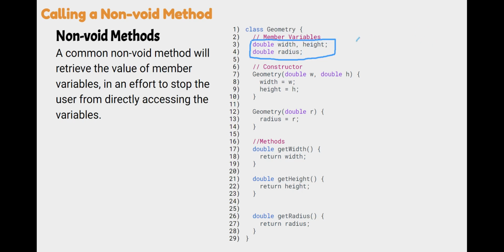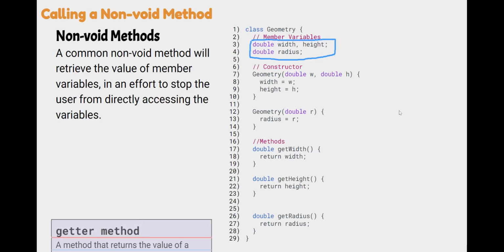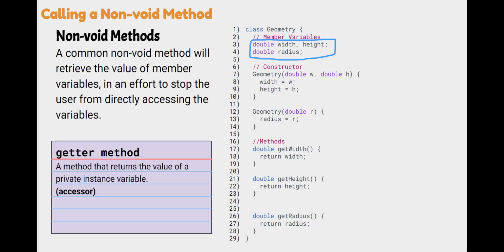So in a previous lesson, we saw that we can create setter methods so that we can check the values before we put them in there. Well, if we're going to make setter methods to put the values in there, we should also make getter methods to get the values from those variables and return them to the user.